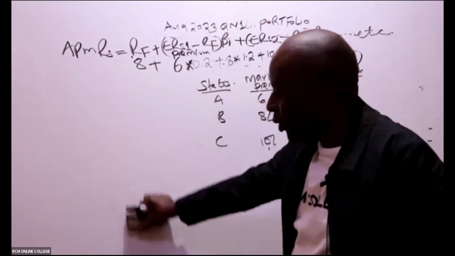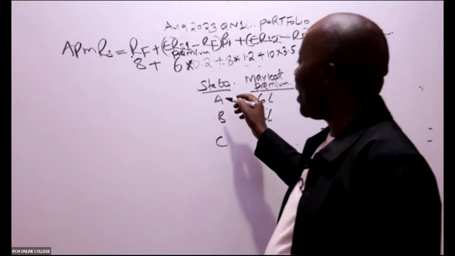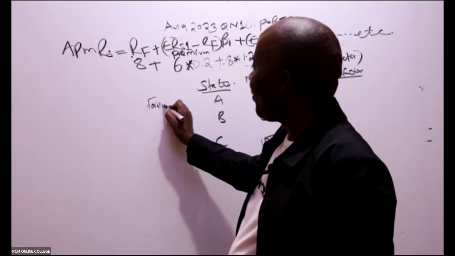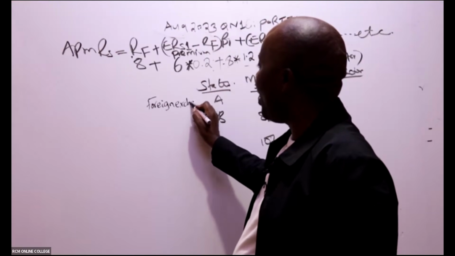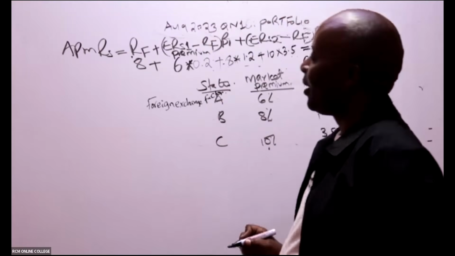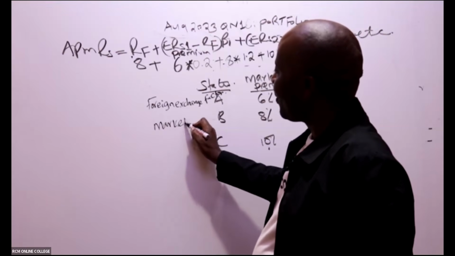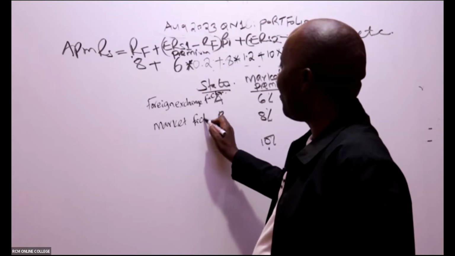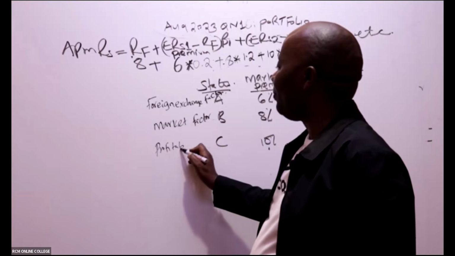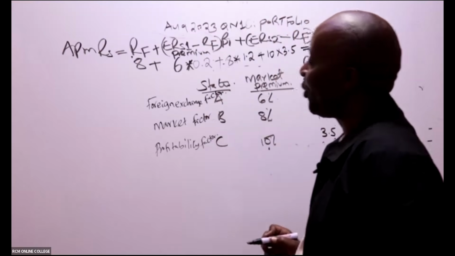What your examiner will do is come here and tell you that A is, for example, a foreign exchange factor, that B is a market factor, and maybe C is a profitability factor or whatever. This is what the examiner will do for you.